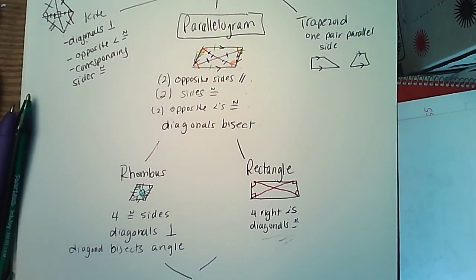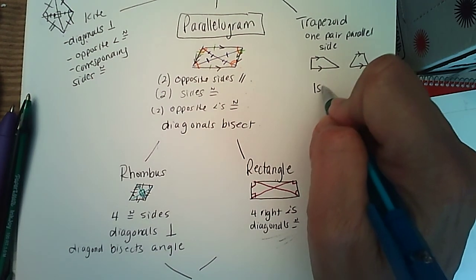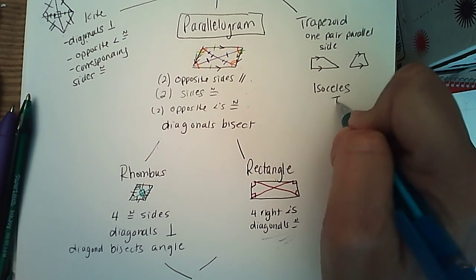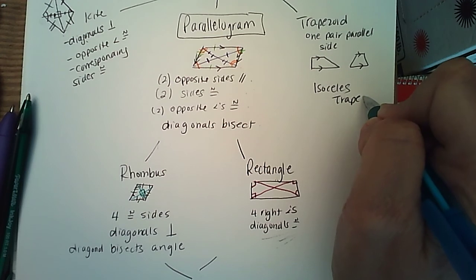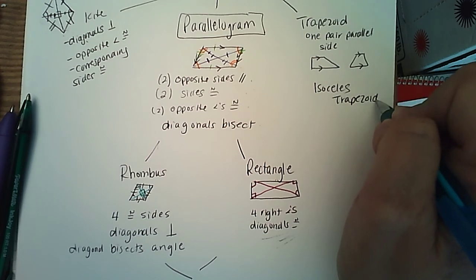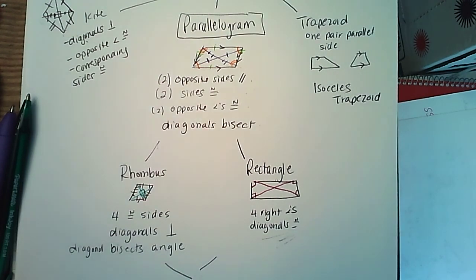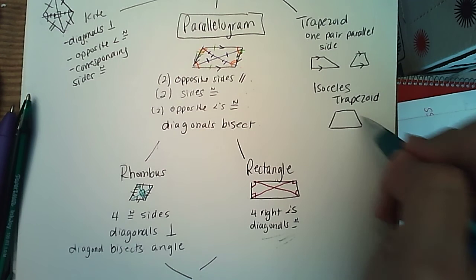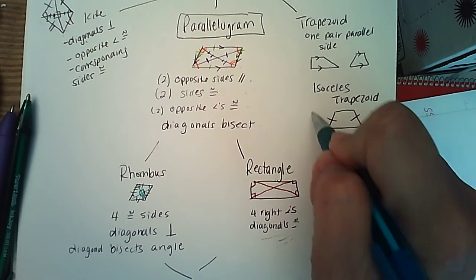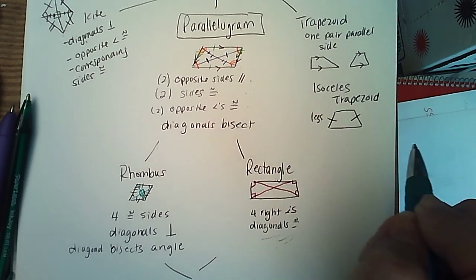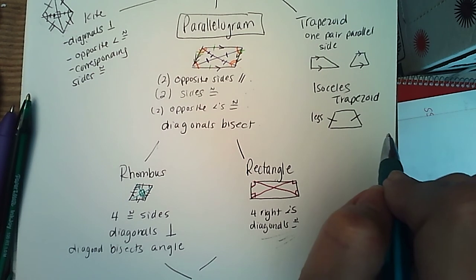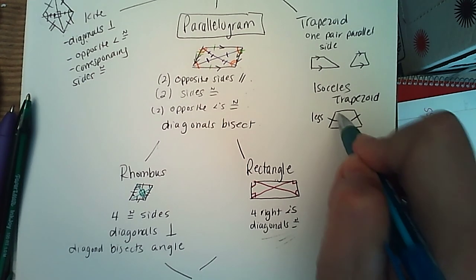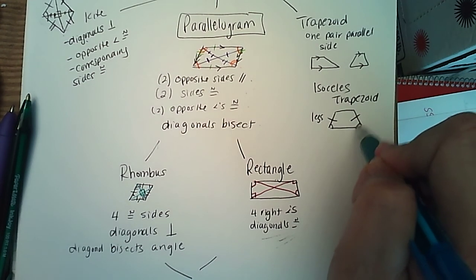Where he gets unique is when you throw in the isosceles trapezoid. Because like your isosceles triangle, now he's got properties that are congruent. So with your isosceles trapezoid, he always looks like this. These things right here are called legs, and your legs are congruent with an isosceles trapezoid. You also have here the base angles because of the isosceles.